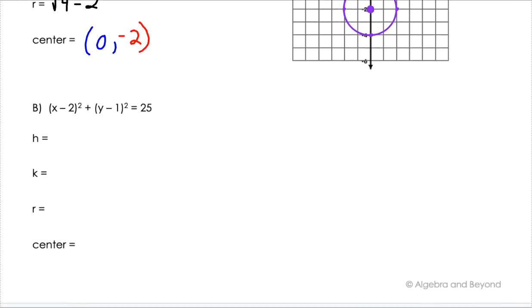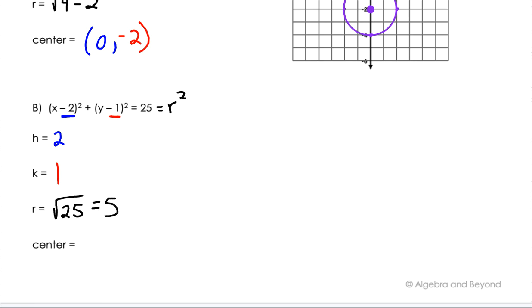All right, let's do one last example here. So again, going through my key points, since this is minus 2, I know that h is 2. My k would be 1 from the equation. And then again, my radius, remember this is r squared, so it would be the square root of 25, which is 5.